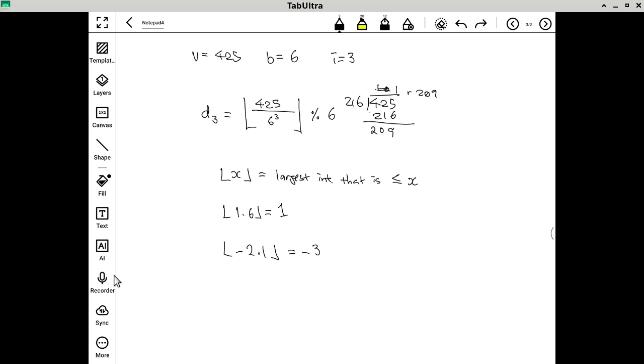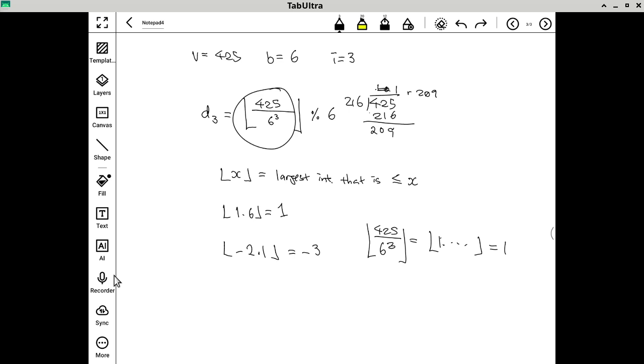So that means the actual result of this division, 425 divided by 6 to the power of 3, is 1 point some blah, blah, blah. You go like, aren't you going to figure out what that point blah, blah, blah is? I don't have to. Because when you take the floor of 1 point blah, blah, blah, it is just 1. So we have 1, being this part here.